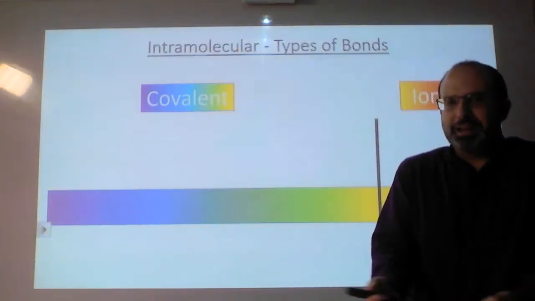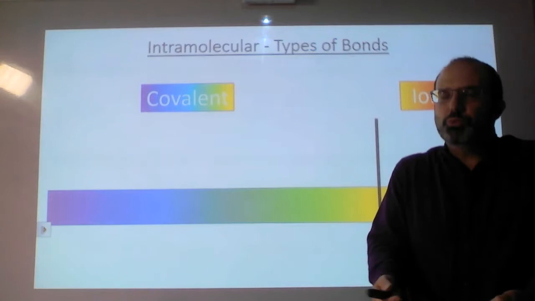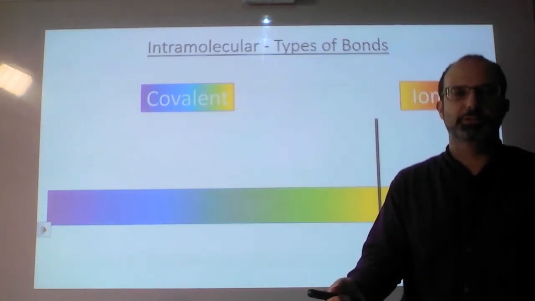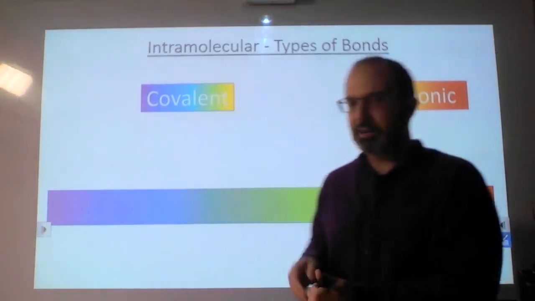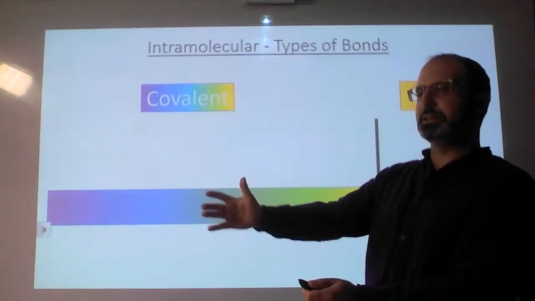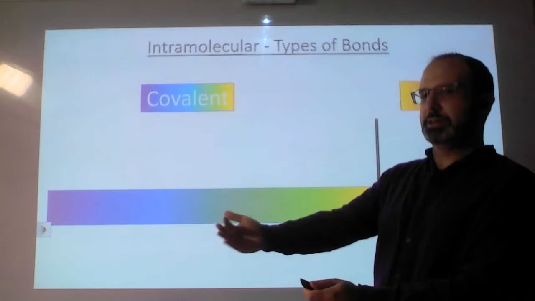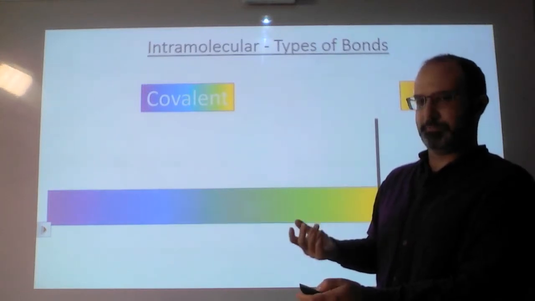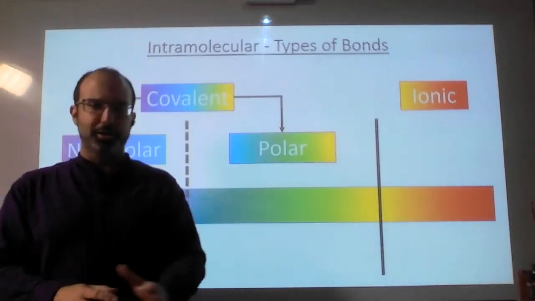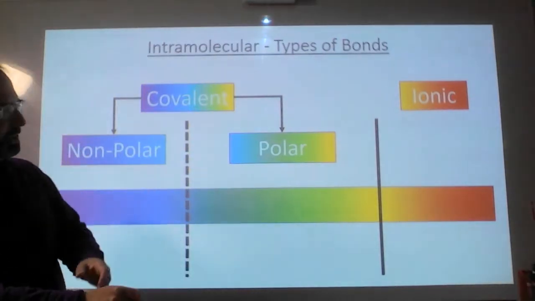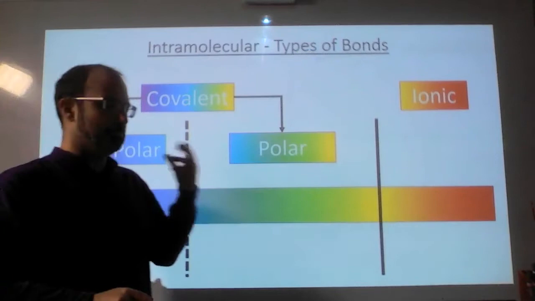We kind of decide where the boundary goes based on what we are noticing as properties, right? So everything on this side of the line behaves ionically. Everything on this side of the line behaves covalently, but the stuff in this sort of green to yellow zone is going to behave a little differently. Because it turns out that there are two broad options for covalent bonds. You got your non-polar bonds and your polar bonds.